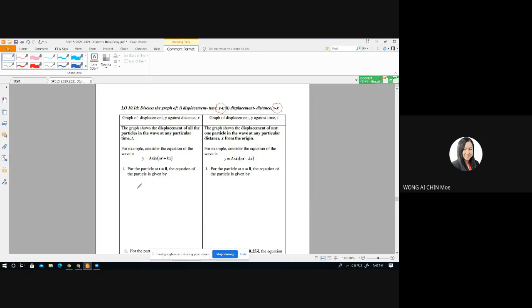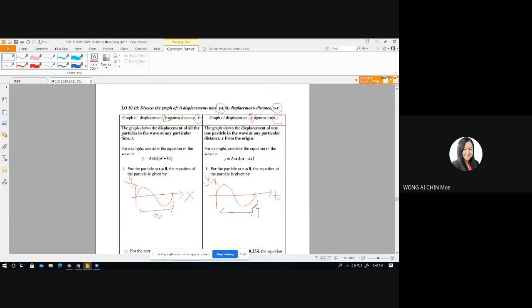If the question says this is the graph y versus x, then one complete cycle here is 1 lambda. But if the question gives the graph y versus t, for one complete oscillation, this one is 1 period.